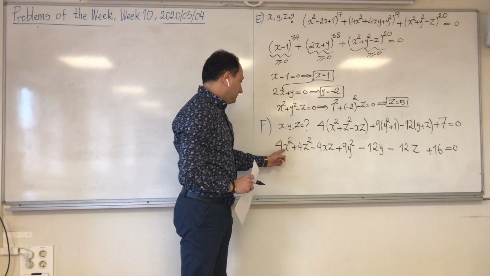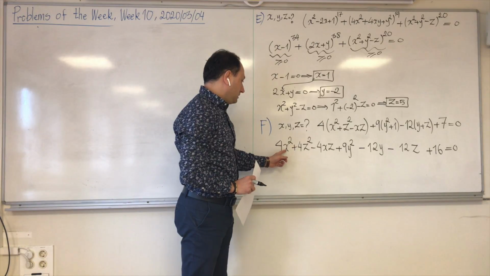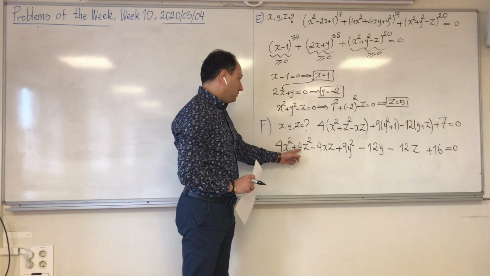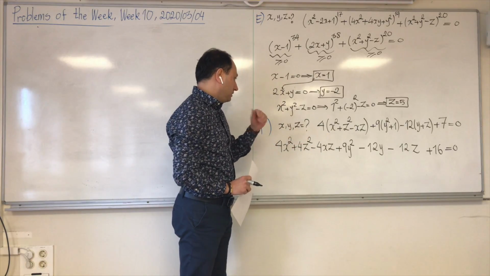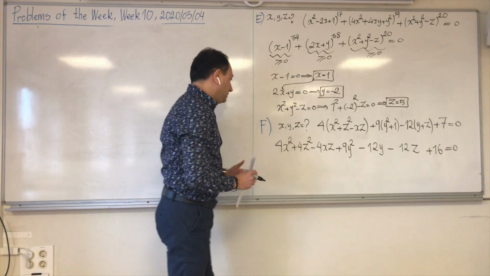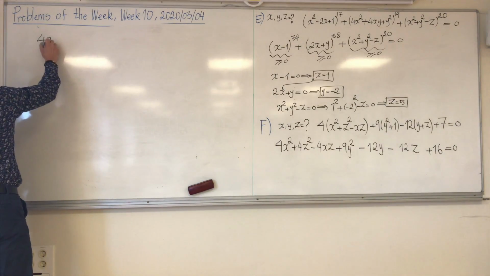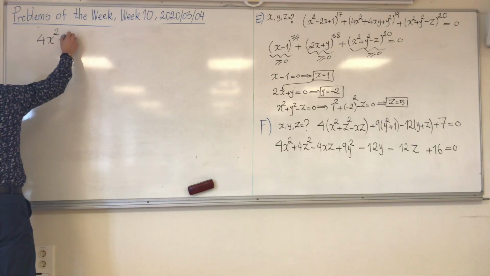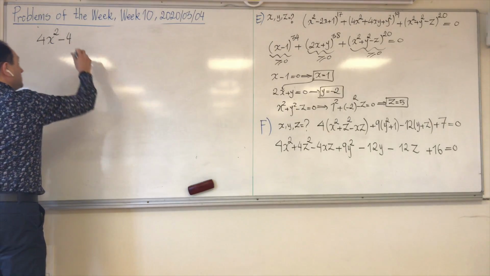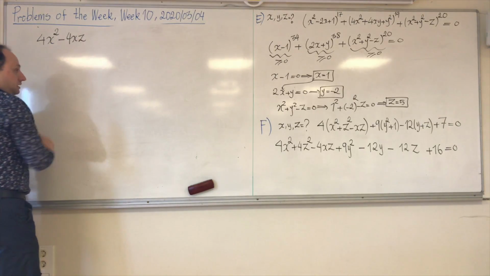Yes, I need 4 of them with that one. Okay, so I will do like this. I will take 4x squared minus 4xz. Yes.